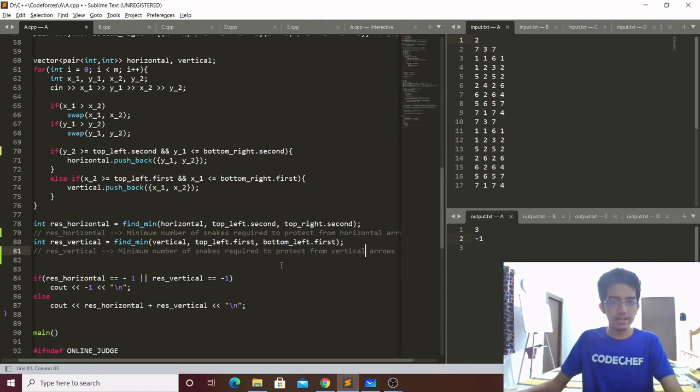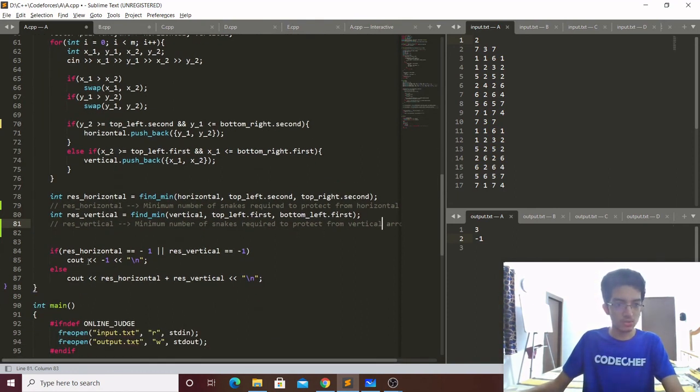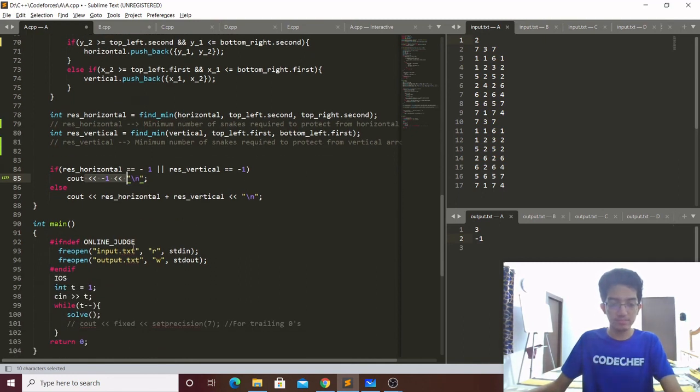If either of these functions returns -1, then that means that region will be unprotected no matter what, and so we return -1, else we return the total result.